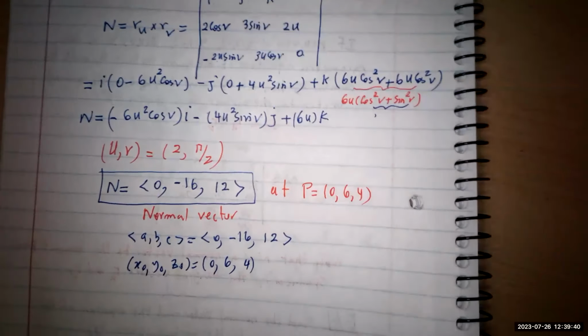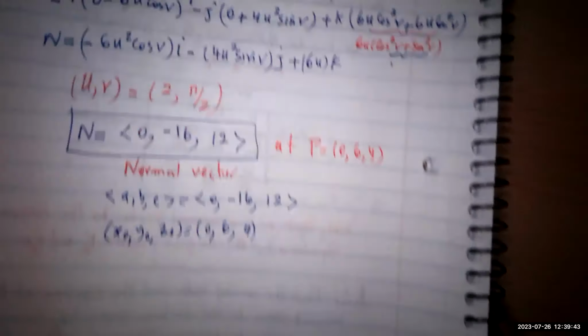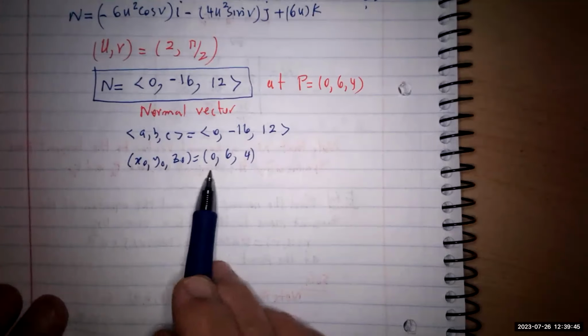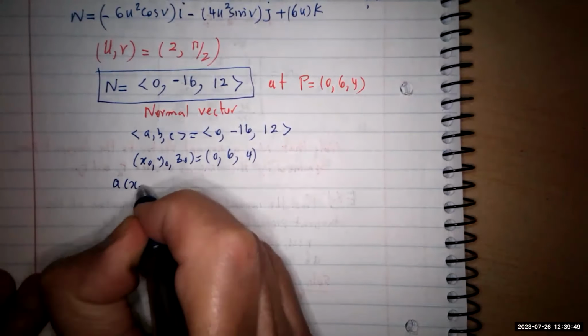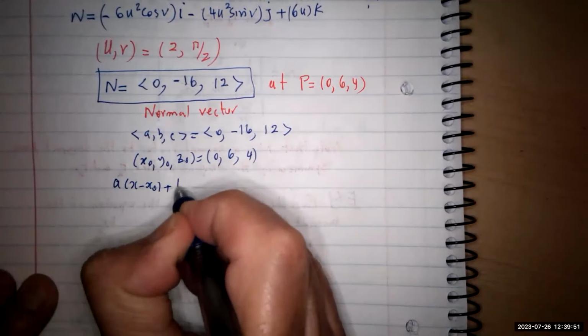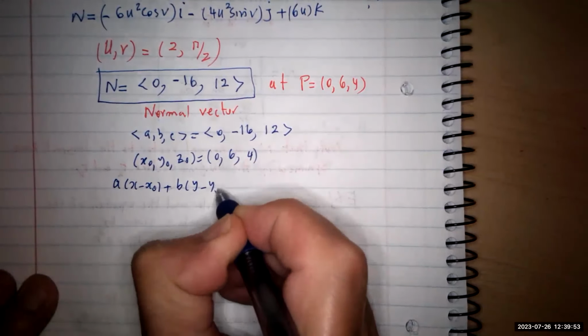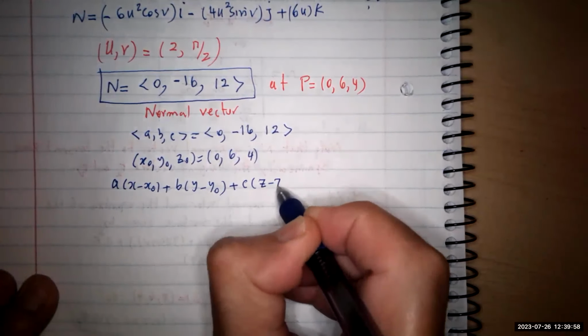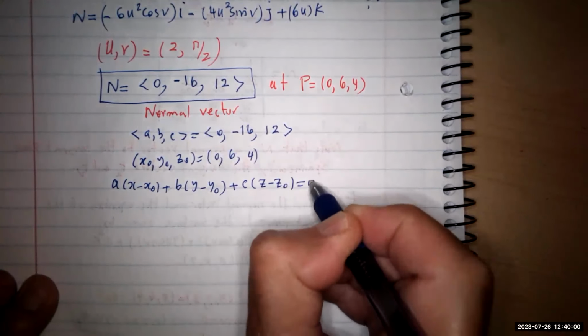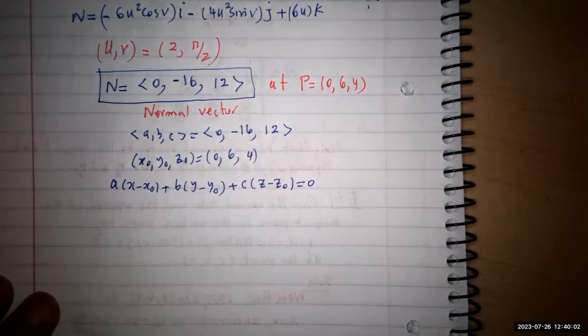So you want to write the equation of the plane with the given normal vector and the point. Remember the equation is what? a times x minus x0 plus b times y minus y0 plus c times z minus z0 equal to 0. That's the general form of the equation of the plane. Now substitute.